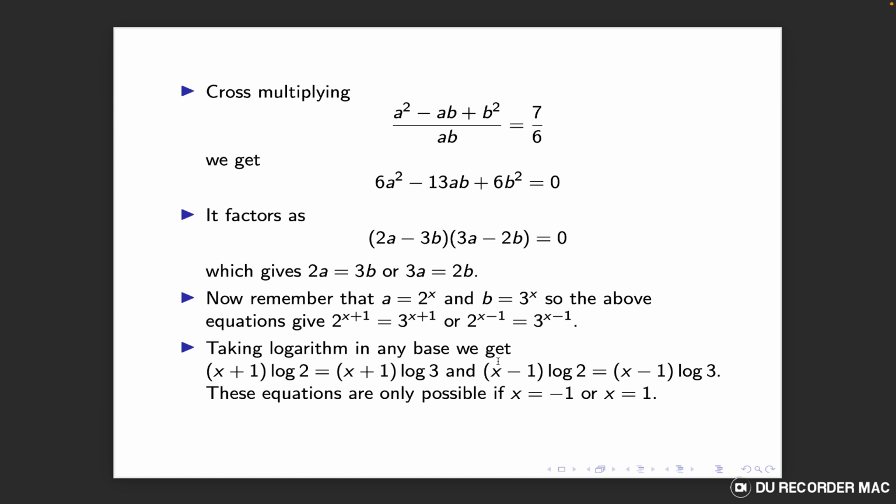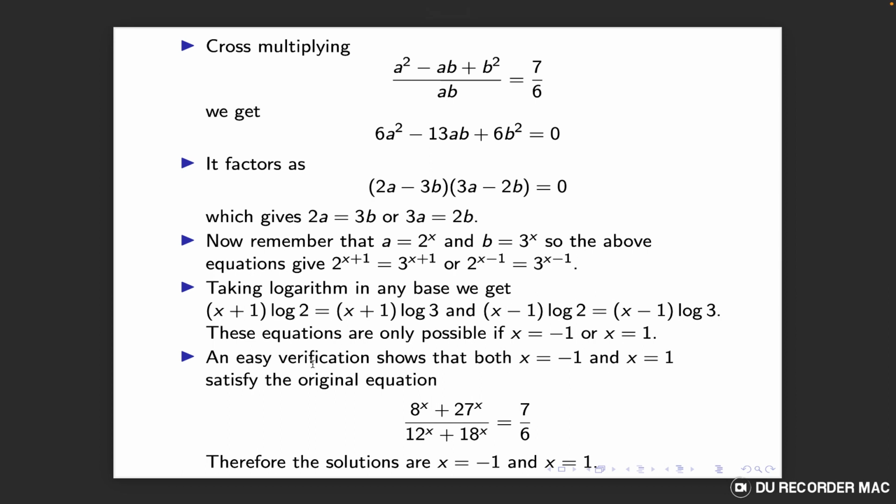These equations are only possible when x is equal to -1. Why? Because if x was not -1, then the x plus 1s could be canceled and we would get log 2 equals log 3, which is not true. So the first equation is only true when x is equal to -1, and the second equation is only true when x is equal to 1.